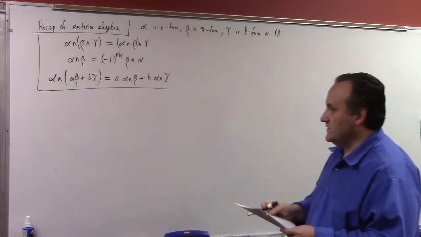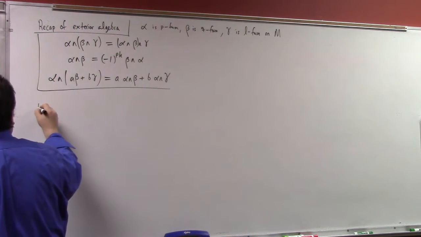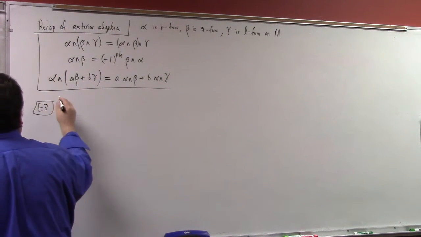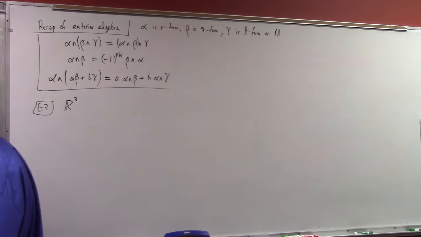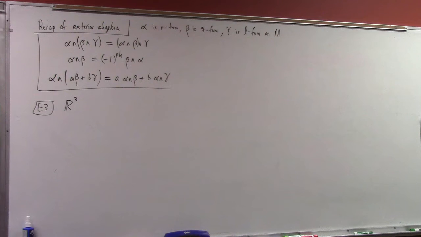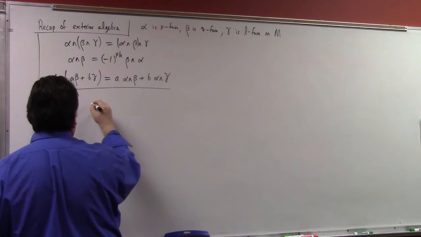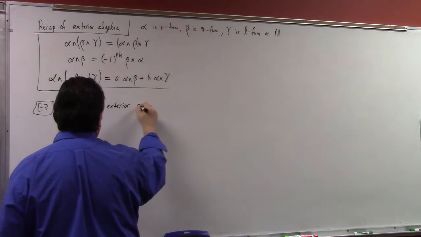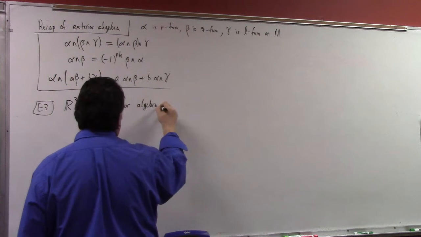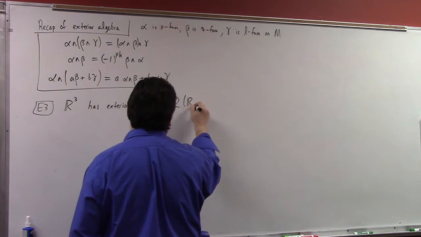Now, just to make sure everybody's on the same page, let me look at R3, all right? R3 has an exterior algebra, if you will. You could call it omega R3, right?